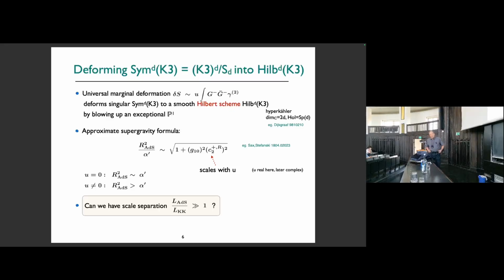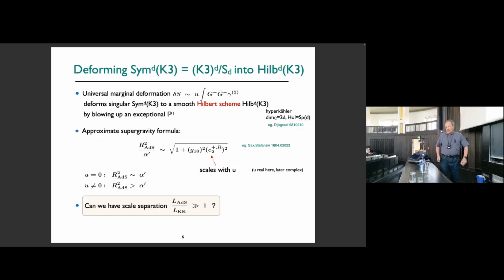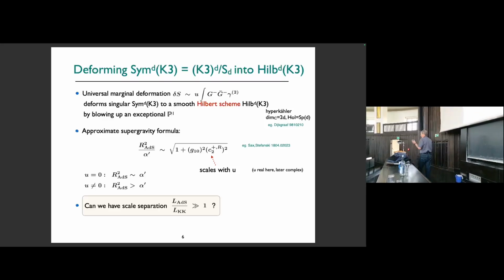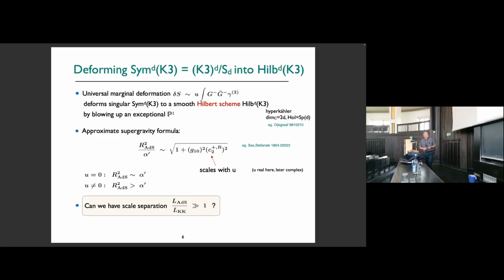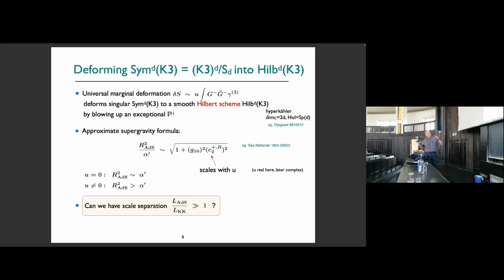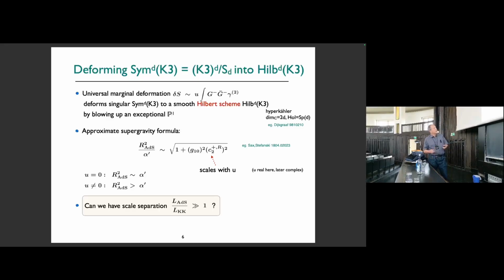And this is, of course, now the question: can we make it arbitrarily large? This touches upon the problem of scale separation. So the question is, can the AdS scale be larger than the KK scale, or in other words, the size of the K3, which is a compact manifold in the game? So in order to access these kinds of questions, one needs to set up a deformation.